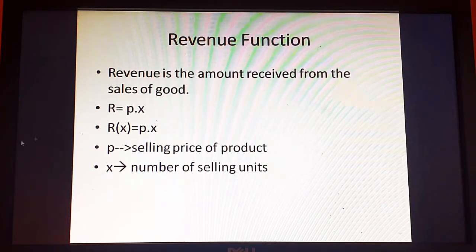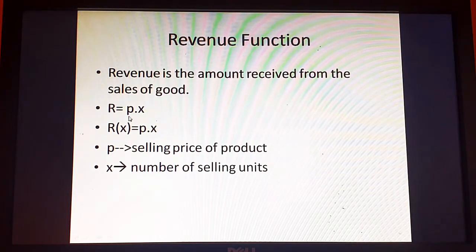Okay, the formula to calculate revenue is R is equal to P times X, or you can say R of X is equal to P times X. What is P actually? P stands for selling price of the product. X stands for number of selling units.